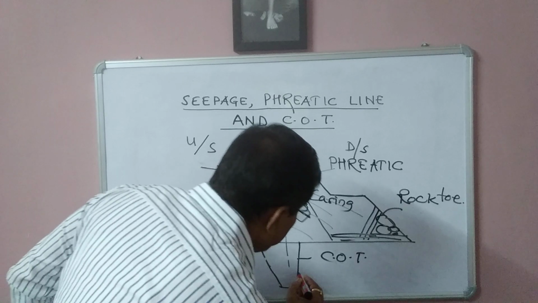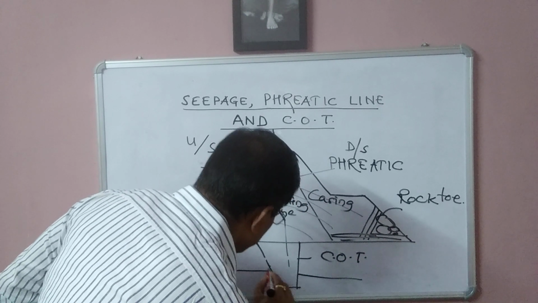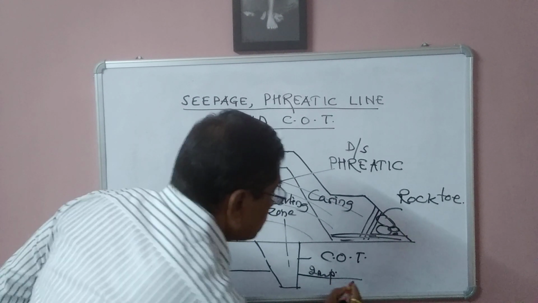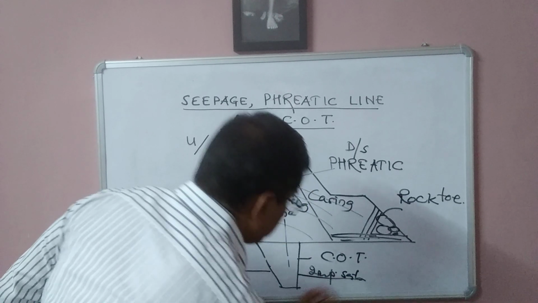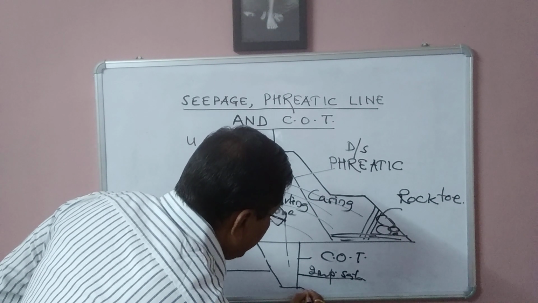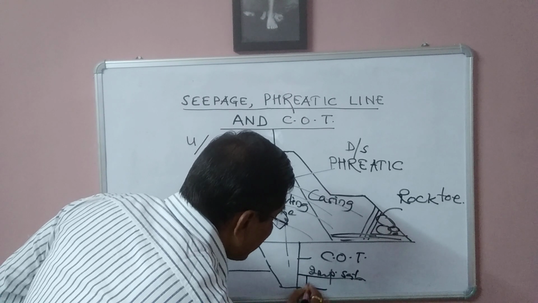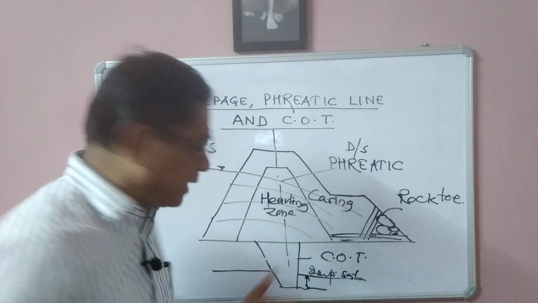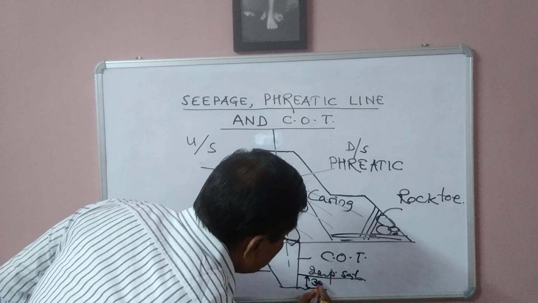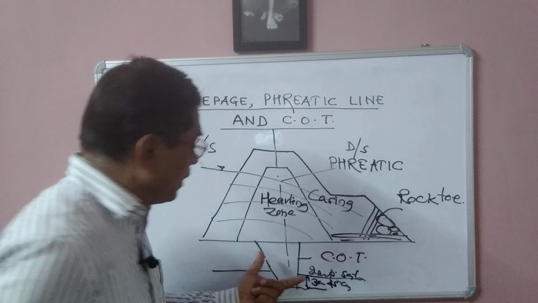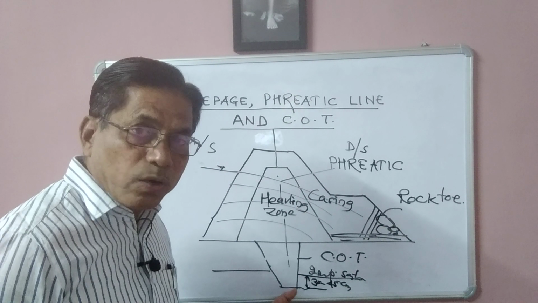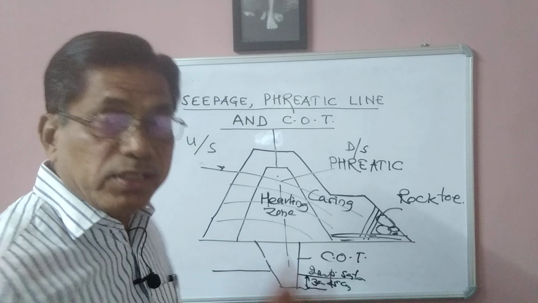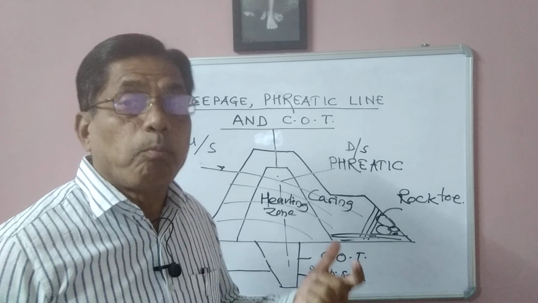So the full cutoff: suppose this is an impervious strata, impervious soil, and if the cutoff trench is excavated below the impervious material, in the solid rock for a depth of 30 to 45 centimeter, then such a cutoff is called as full cutoff.